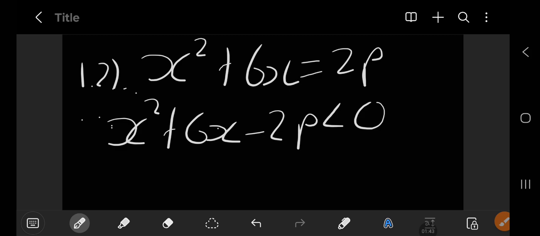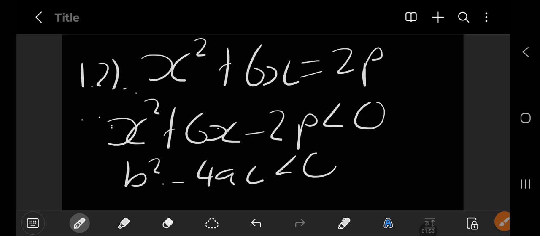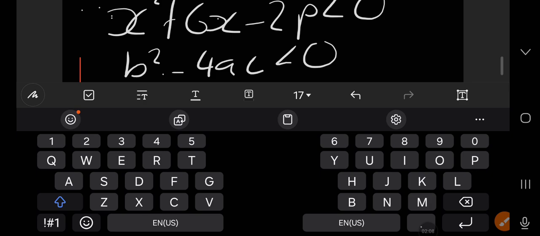It's already in a comfortable spot actually, my bad. So from here, we can go straight to saying that b squared minus 4ac must be less than 0. After it's in standard form, you go straight to b squared minus 4ac. Then your algebra comes in, and now you just have to substitute.